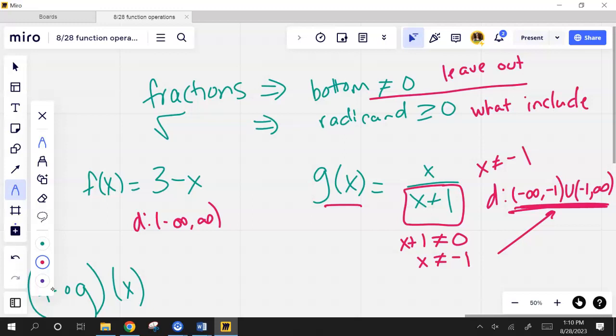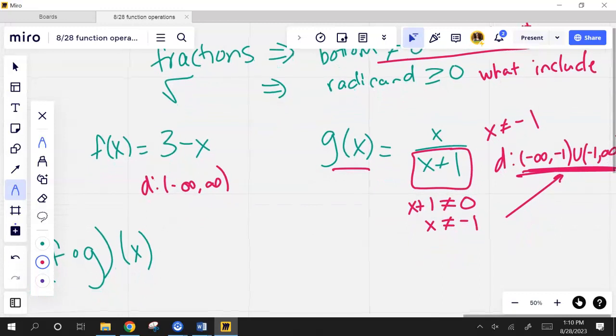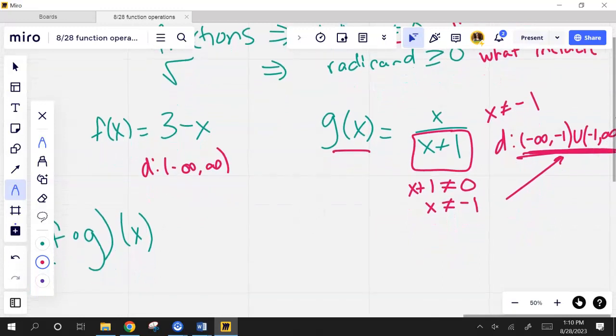Now, that's okay. Now find the composed function. In other words, f of g of x and its combined domain.